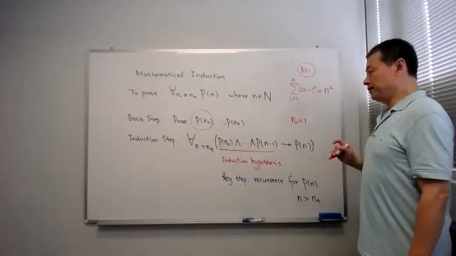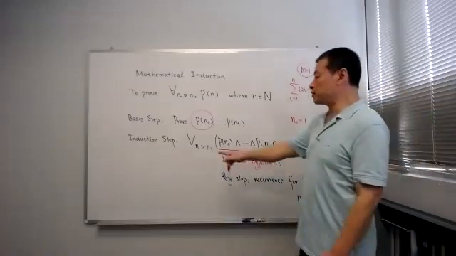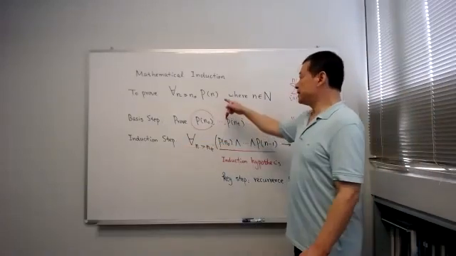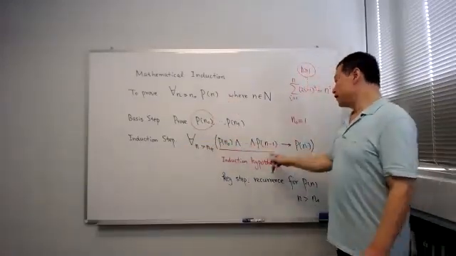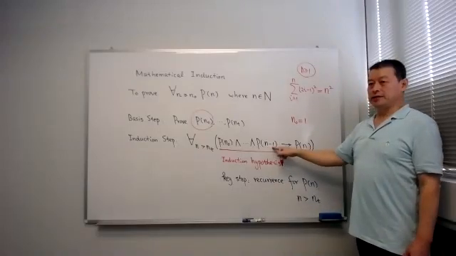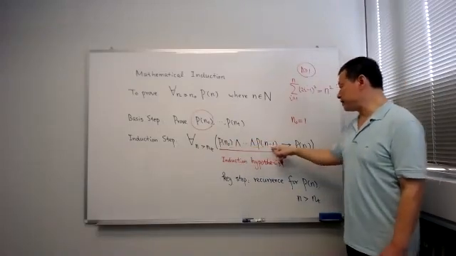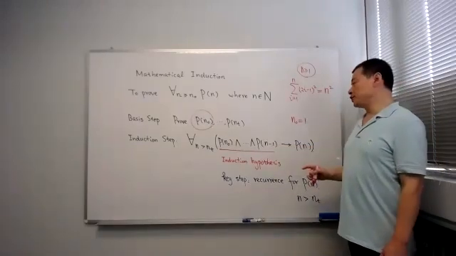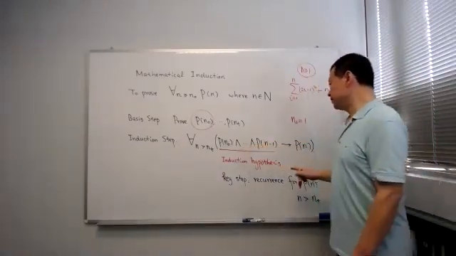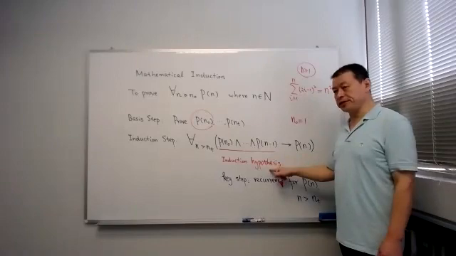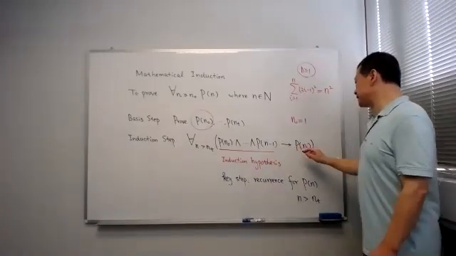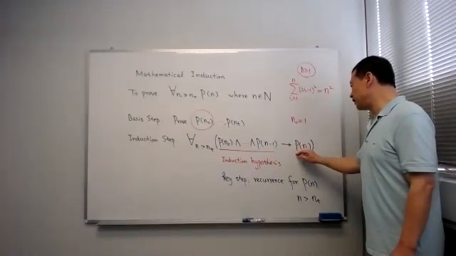Then the next crucial step is called the induction step. We assume this statement holds for all natural numbers up to n minus 1, so from n naught up to n minus 1. Then we want to prove that under this assumption, that's called the induction hypothesis, the statement is also true for n.